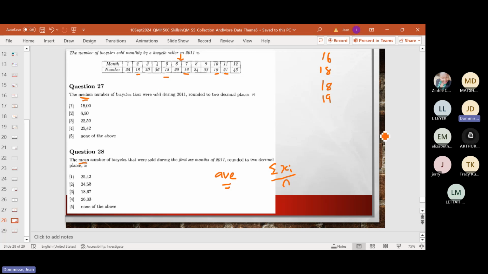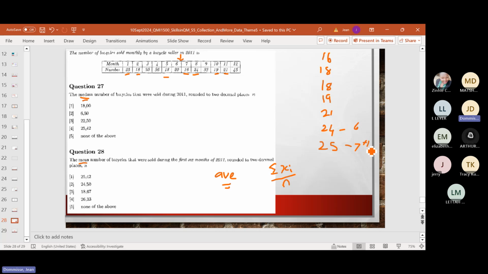Then 21. That's 1, 2, 3, 4, 5. Then 21, 24. So that is your sixth number. And there's your seventh number.